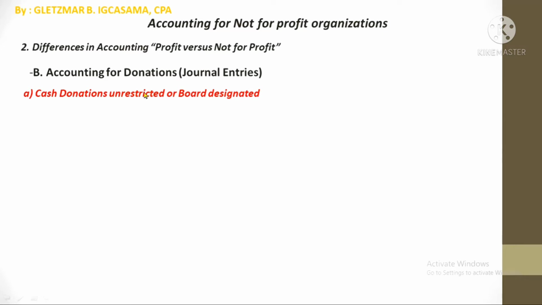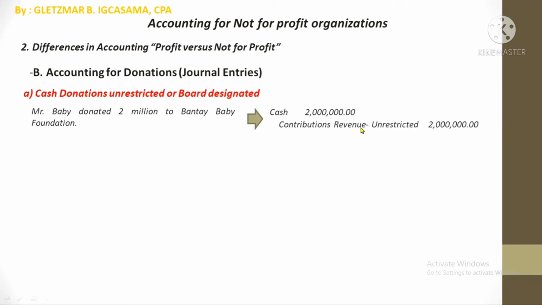So, if there is a cash donation with no donor restrictions, or even if restricted by the Board of Trustees, as long as it's not restricted by the donors, like in this example, Mr. Baby donated 2 million to Bantay Baby Foundation. The journal entry is just debit cash, and then of course, the credit is contributions revenue unrestricted. It's as simple as that.